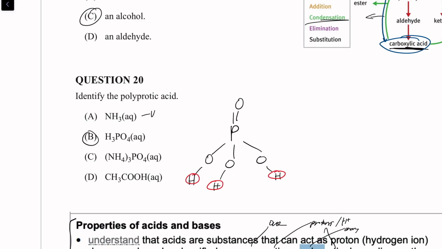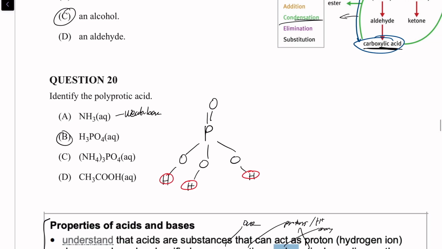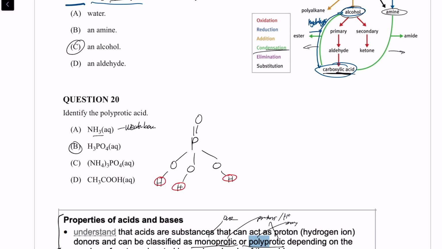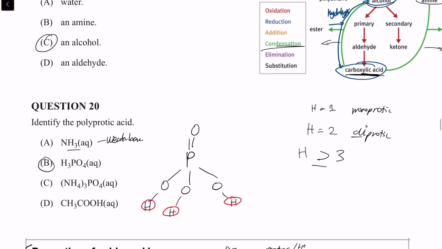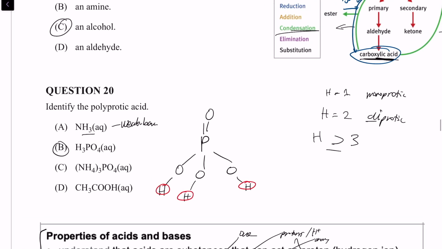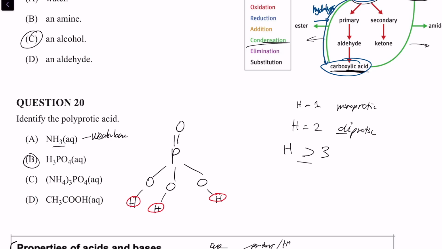NH3, that's a common base. It's actually a weak base. Sure, there are 3 hydrogens, which makes it poly, because poly we usually talk about as 3 or more hydrogens. If there are 2 hydrogens that can be donated, that's diprotic, di meaning 2, and if only one can be donated, that's monoprotic. But I guess it's common knowledge that NH3 is not really an acid.